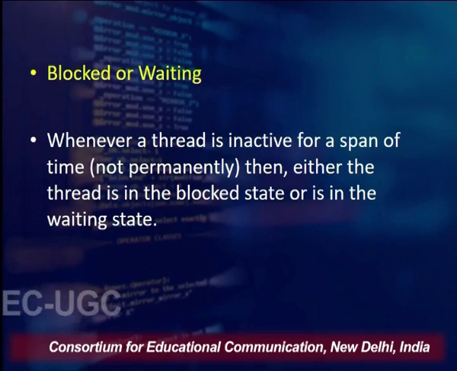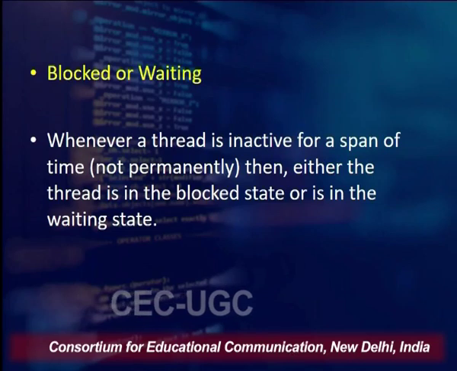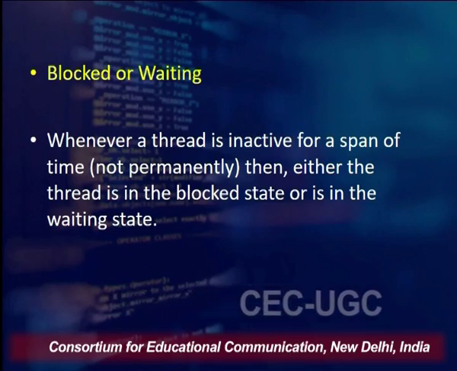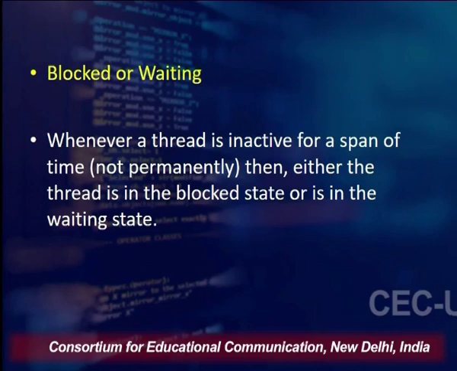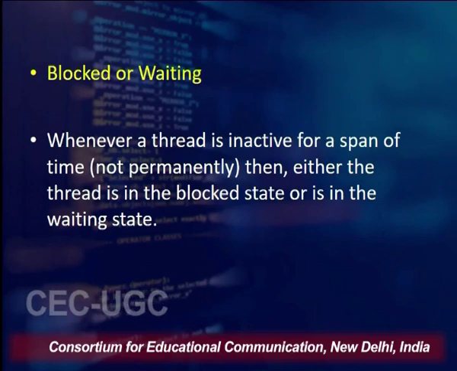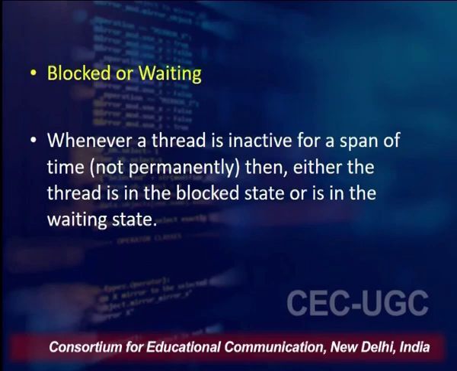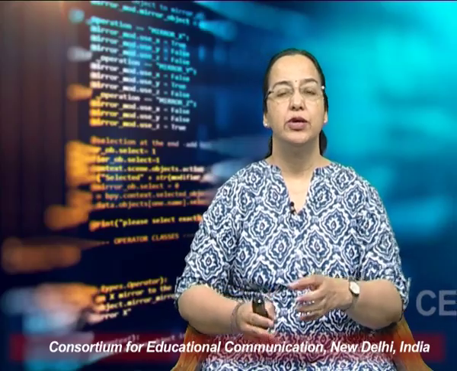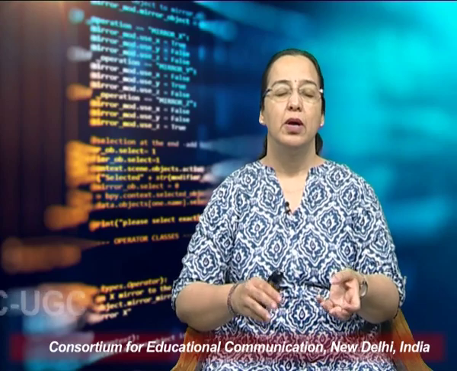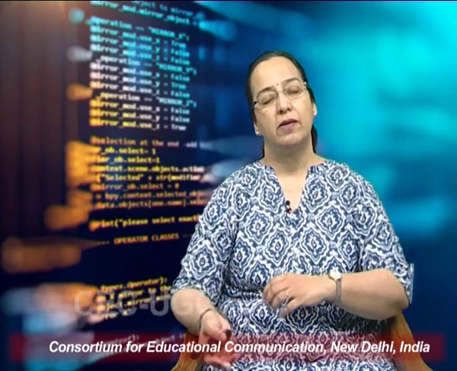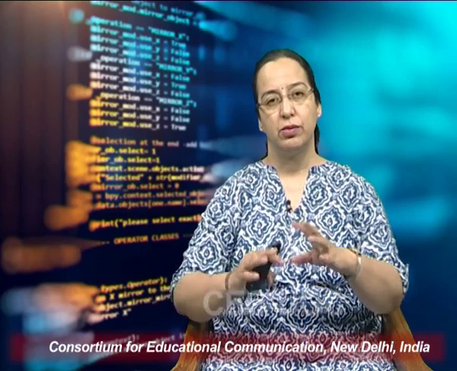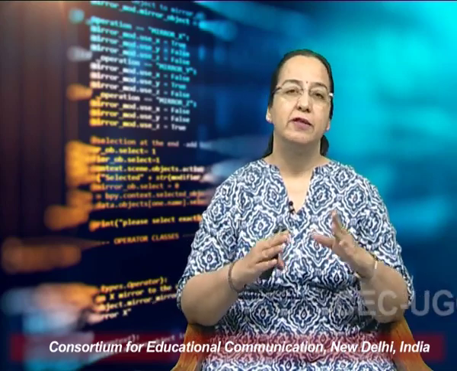So when a thread is inactive for a considerable span of time, but not permanently, it is considered to be in the blocked state or in the waiting state. Now, why does a thread come into the blocked state or the waiting state? Let us try to understand this with the help of an example.